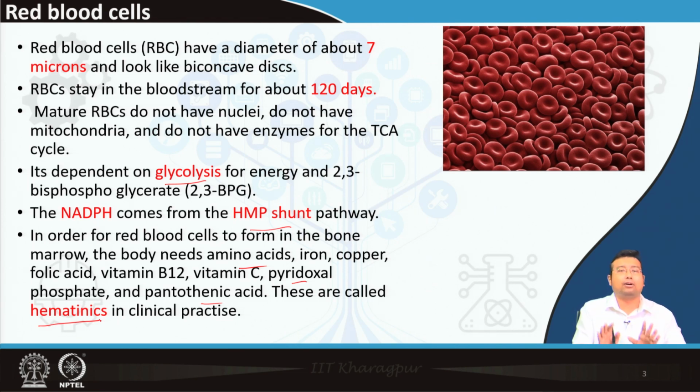Whenever we utter the term hematinic, it means any drugs prescribed to form blood, and these are specifically prescribed during pregnancy. Blood forming syrups contain not only iron but multiple of these mixed together.